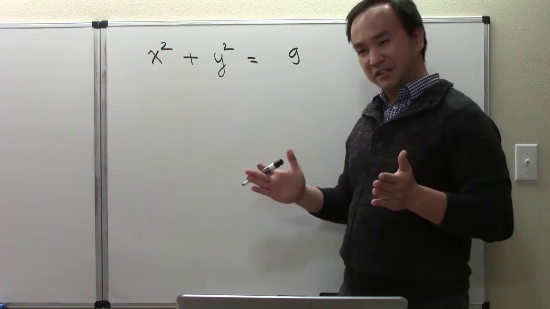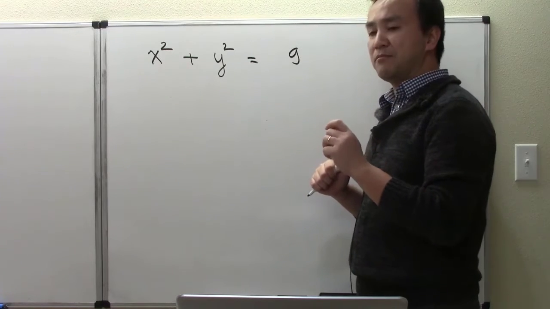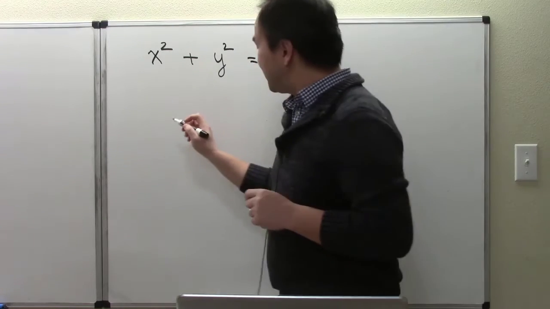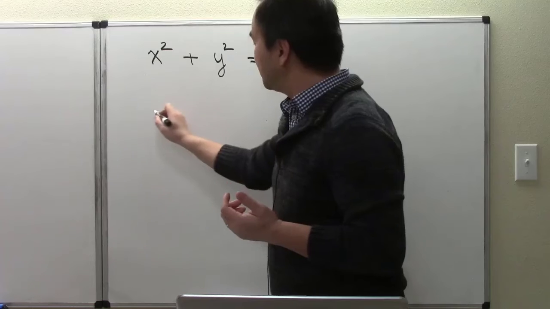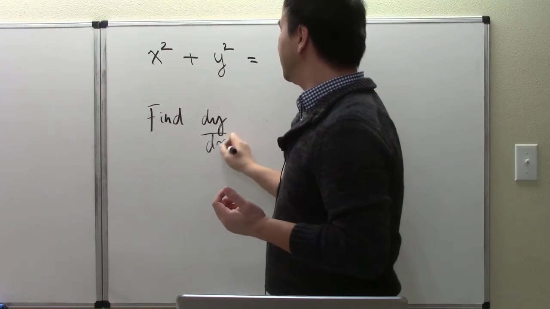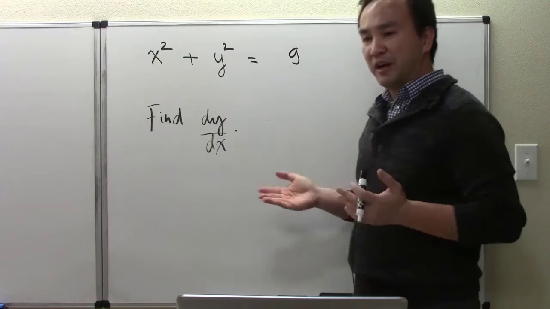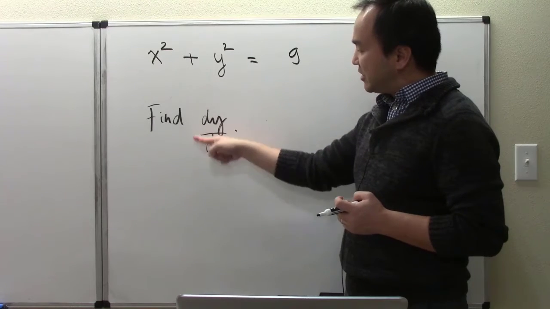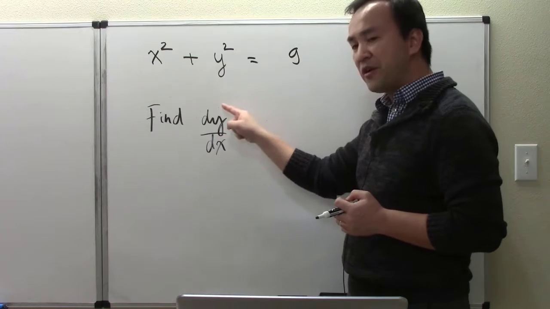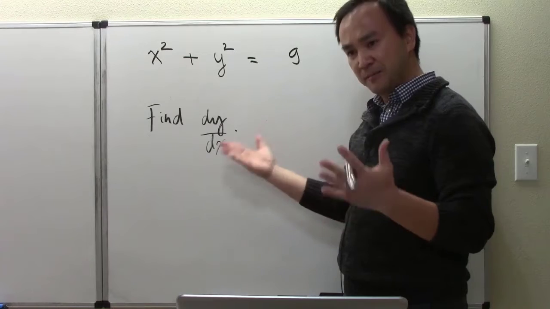So we have learned already how to do implicit differentiation. Out of an equation like this, if I ask anybody following my videos to find dy/dx, this should be easy for anyone who has been studying with me, because this symbol is telling us that we want to find the derivative, or another way of saying it, we differentiate, treating y as a function and treating x as the main variable.